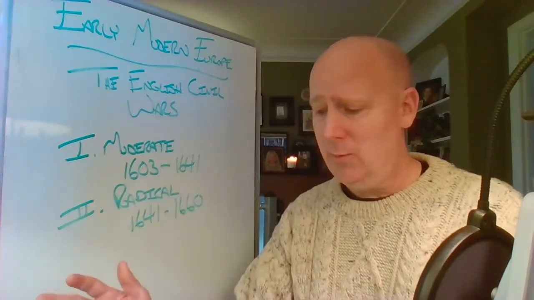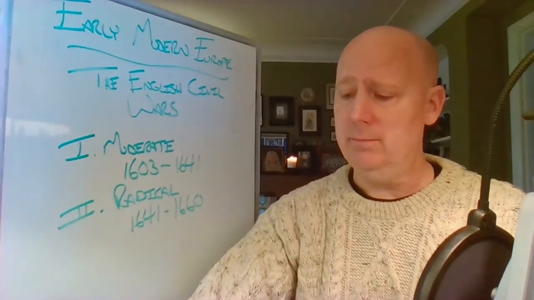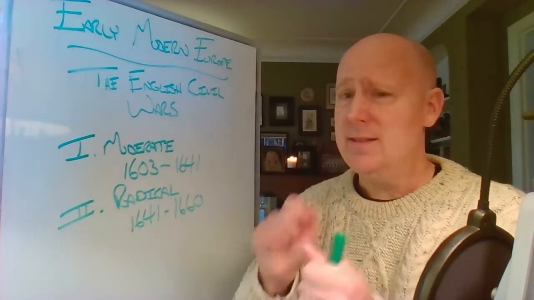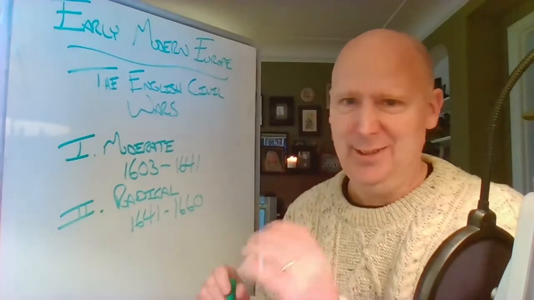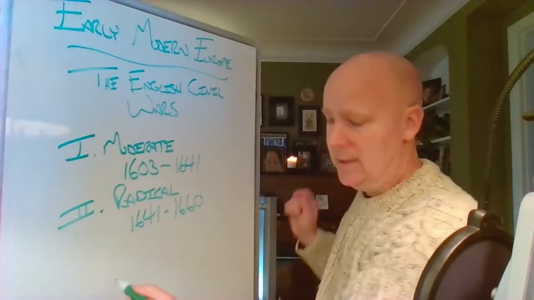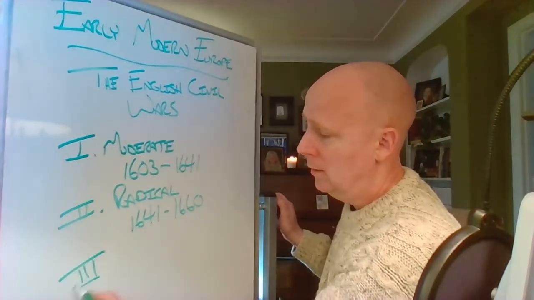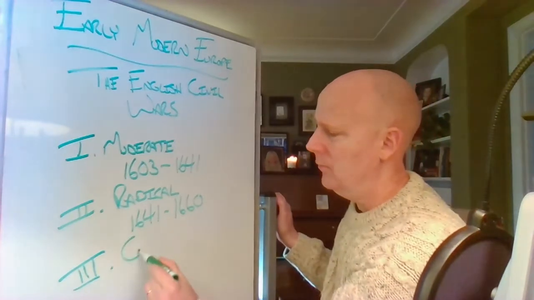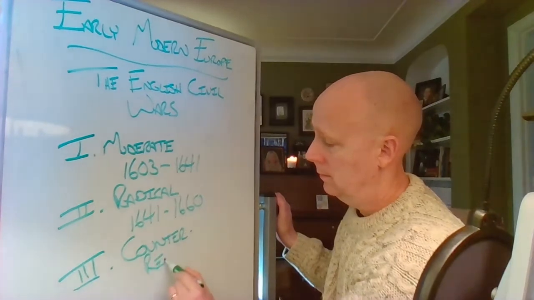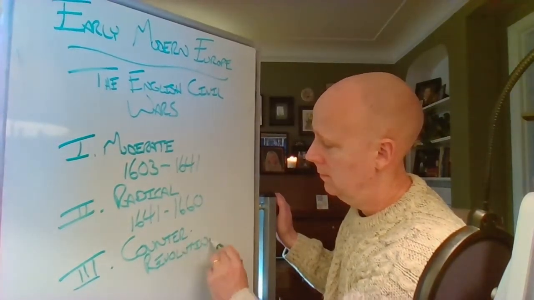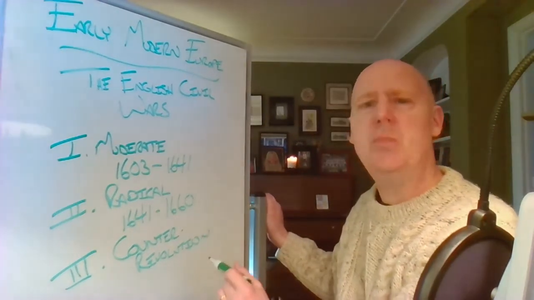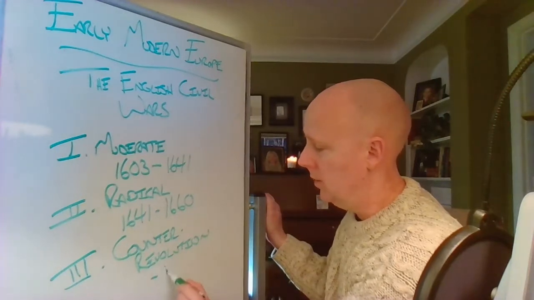There's 1641 to 1648, 1649, then 1648 to 1649, right? Gets dodgy, and then the rest. All right, so there's the radical phase. And then finally, what we might want to call either the counter-revolution or, if we wanted to be even more specific, perhaps, we would talk about the Restoration.